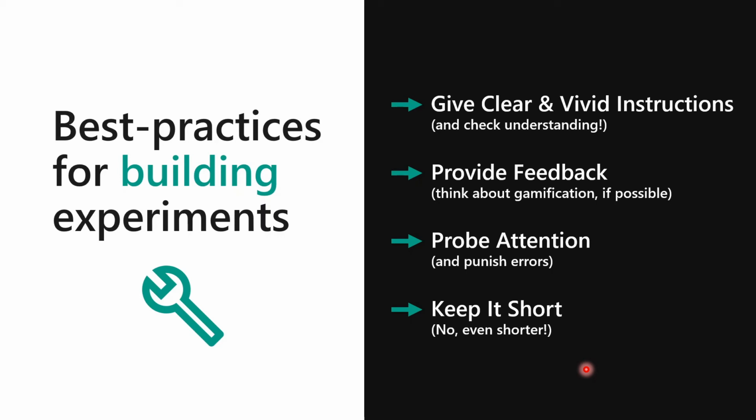Because what that means is the more errors they make, the longer it takes. And for participants, especially participants that get a fixed payment, this is really not viable. So they will start participating in a good manner pretty soon.